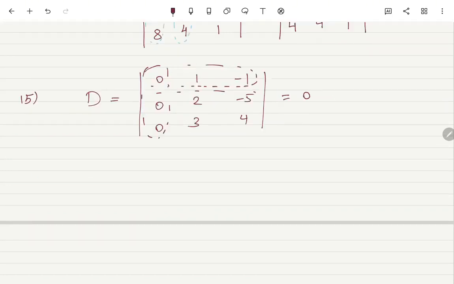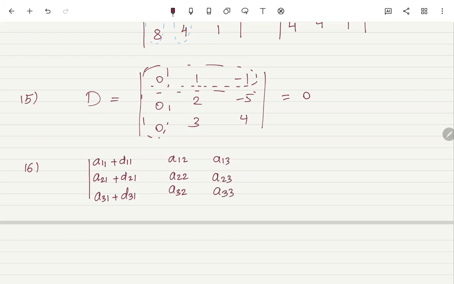Example: if we have a determinant with a1 1 plus d1 1, a2 1 plus d2 1, a3 1 plus d3 1, a1 2, a2 2, a3 2, a1 3, a2 3, a3 3.